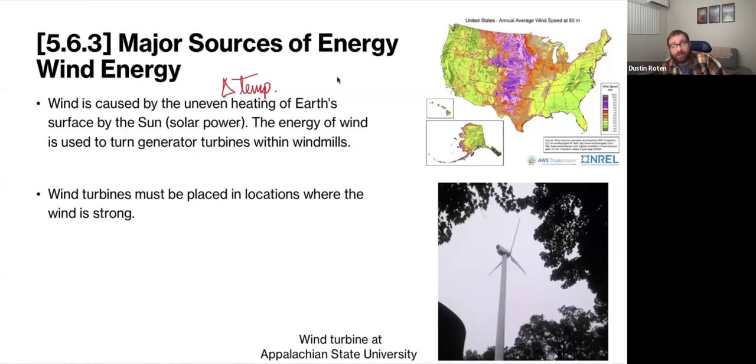So if you strategically put generators up in the sky where this wind is blowing around, essentially put up a windmill, you can use that to turn turbines and actually generate electricity. But you are limited to places where the wind is sort of strong and steady at all times.